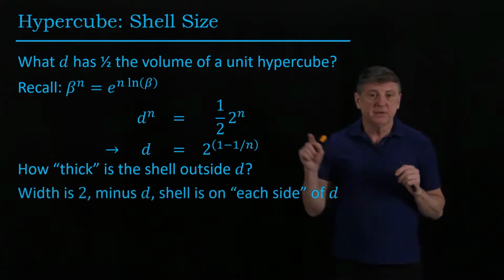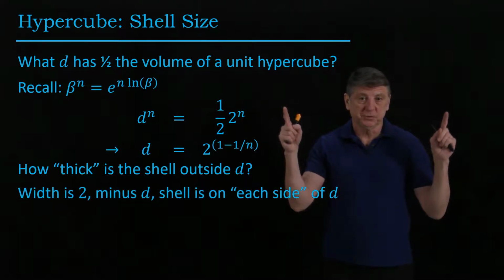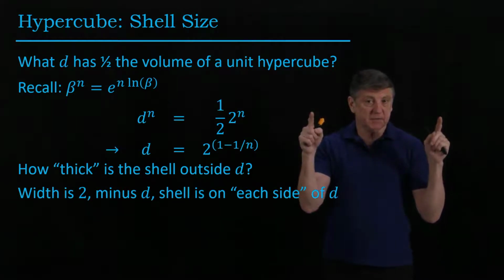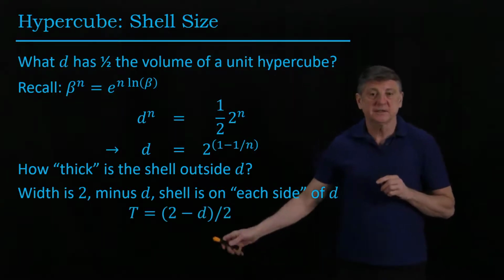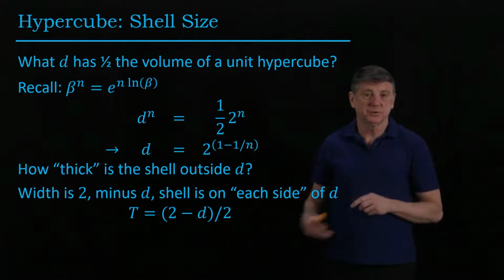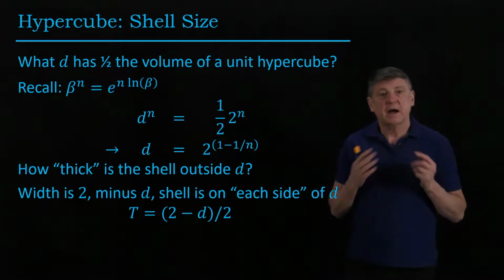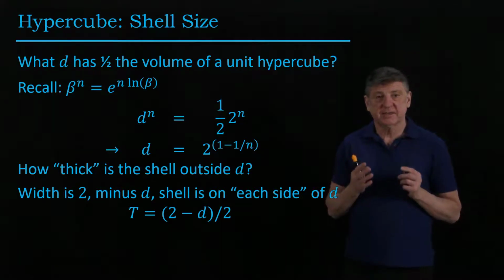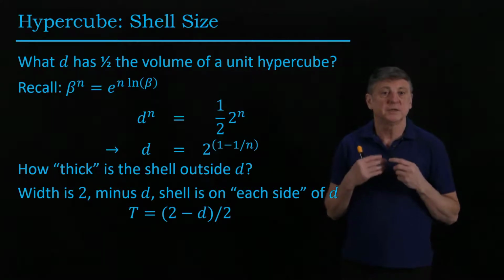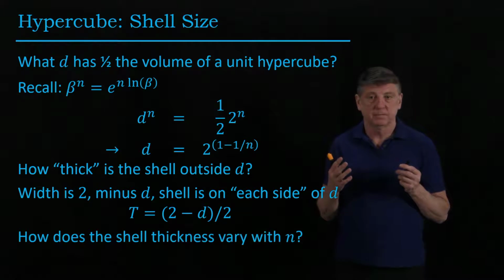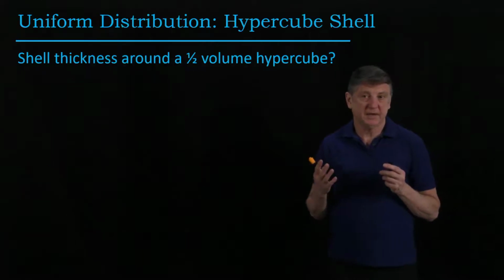That would be the width of the hypercube, which is 2, minus d, and then the shell is half of that width. So the thickness would be (2 minus d) over 2. Now, how does that shell thickness vary with the number of variables, with the dimensionality of the hypercube? I'm going to plot that.